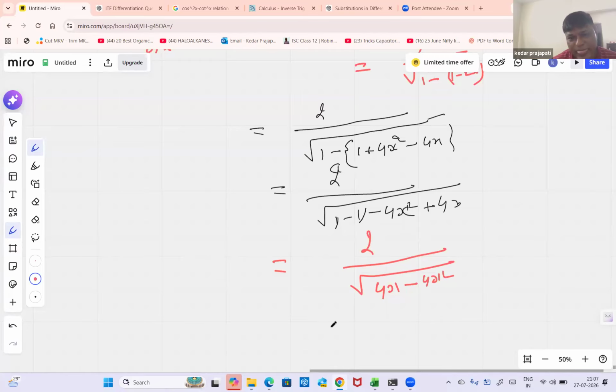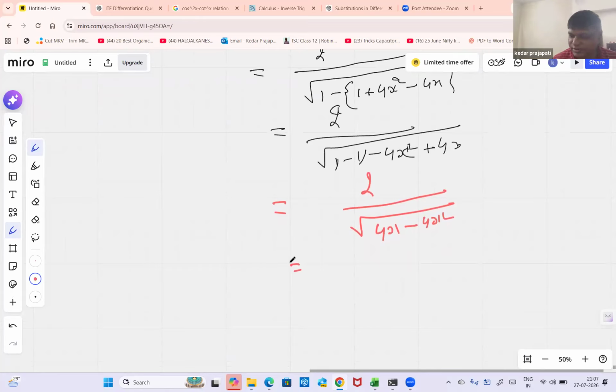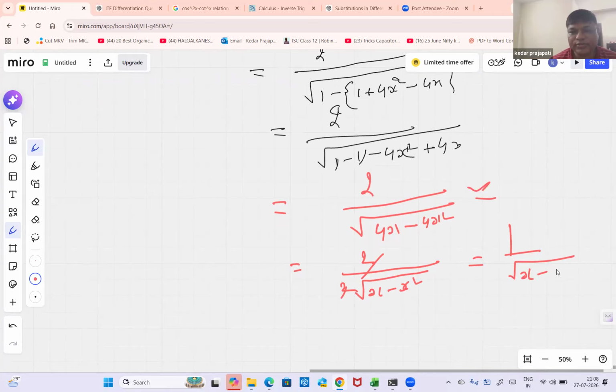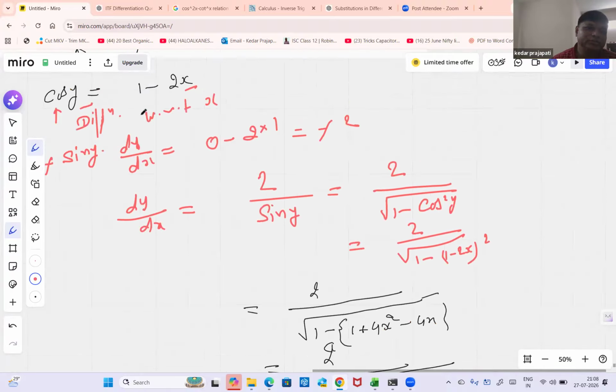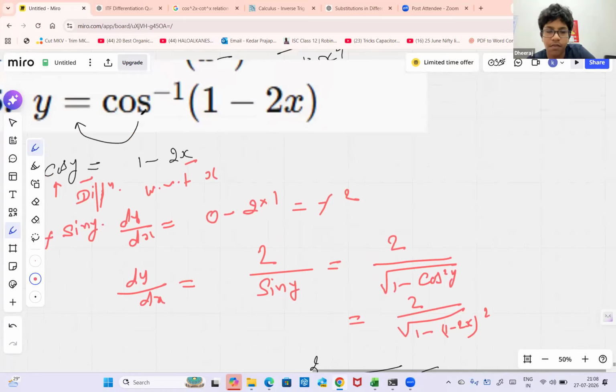Clear? Now you can take 2 common here: 2 by 2 root over x minus x square. 2 cancels. So this is also an answer, root over x minus x square. Any doubt? No, sir.